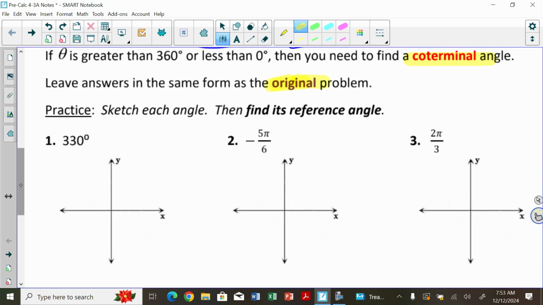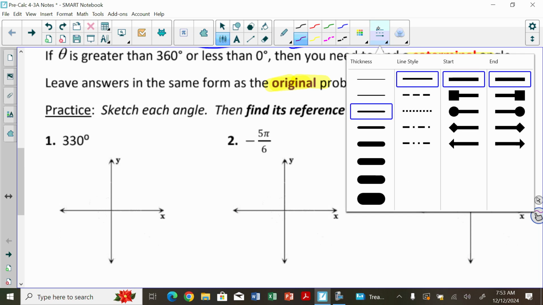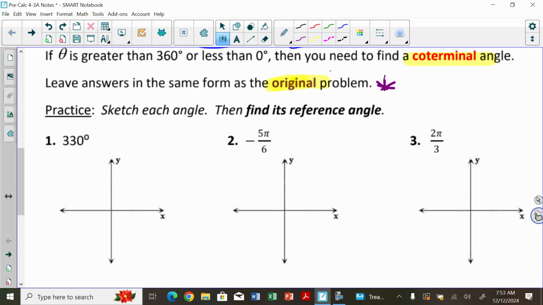Now, with that said, I should point out, I'll just put a star here and talk about it, that if you find it easier, you can switch it to degrees. You might want to do that on some of them, you might not have to, because they're easy. You can just see what it would be with radians.